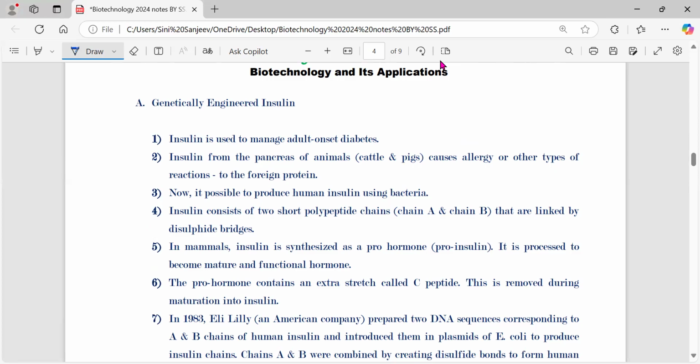Earlier, before the introduction of genetic engineering, the insulin used for diabetes was extracted from the pancreas of animals. Generally, the animals they used were cattle and pigs. But when they gave this extracted insulin to diabetic human patients, it caused what? Allergy and certain reactions.